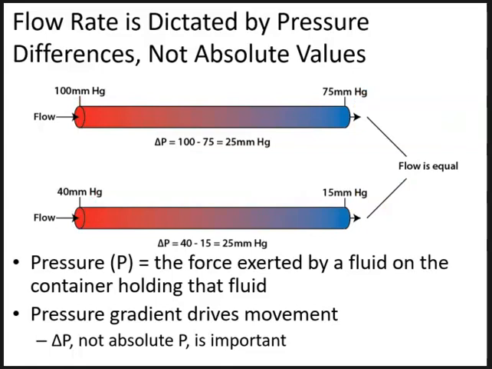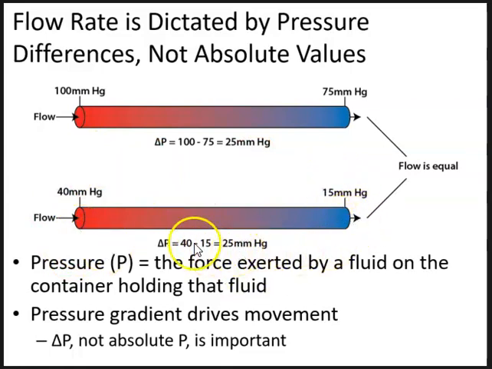This picture just shows pressure differences in millimeters of mercury. We can see that flow rate is, again, dictated by pressure differences. So for example, despite one end being 100 millimeters of mercury and the other end being 75 millimeters of mercury, the pressure difference, or the change, is only 25. Same with the bottom, where one end may be 40 millimeters of mercury and the other 15.